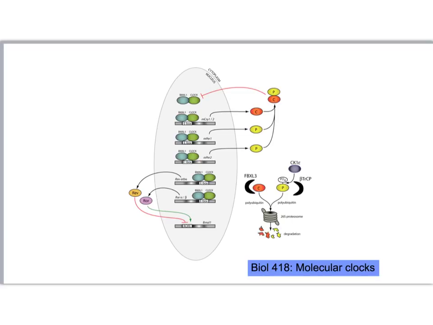One way in which the clock can regulate the transcription of other genes is because BMAL and CLOCK, the dimer, can bind other E-boxes in other genes, and that way turn transcription on.